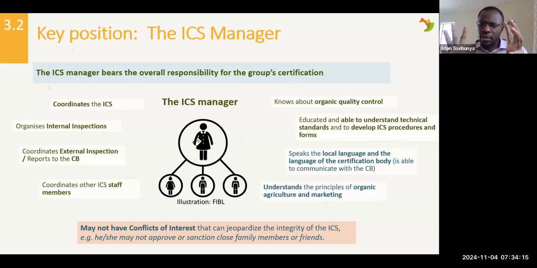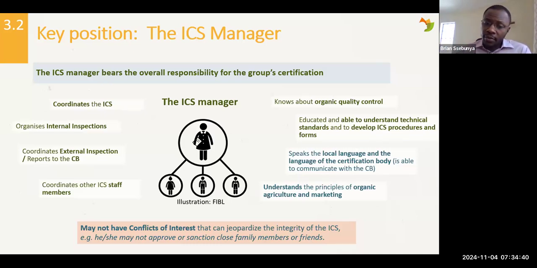So at least you're closer to the agriculture profession, and it is easy for you to understand this. But of course, I've also seen very good ICS managers who don't even come from an agriculture or livestock related background. So it's really the understanding, not only the technical training, though with the right technical training, it becomes easy.